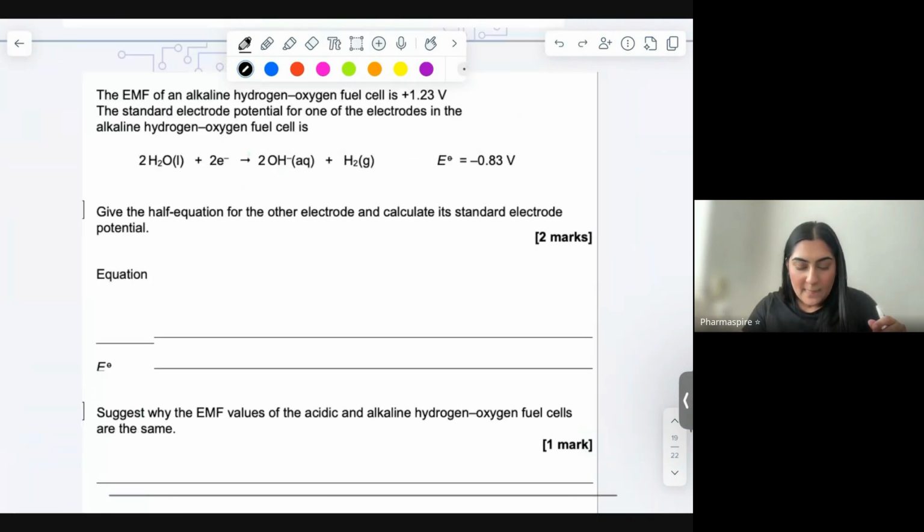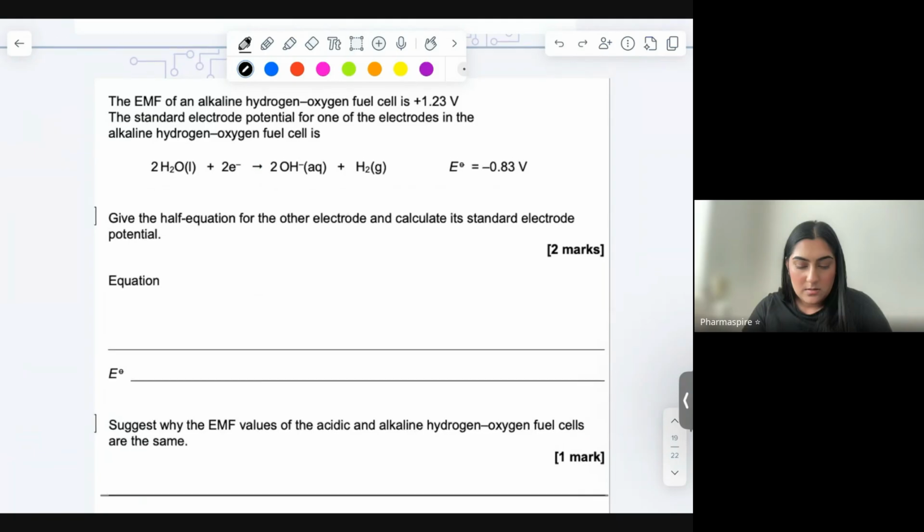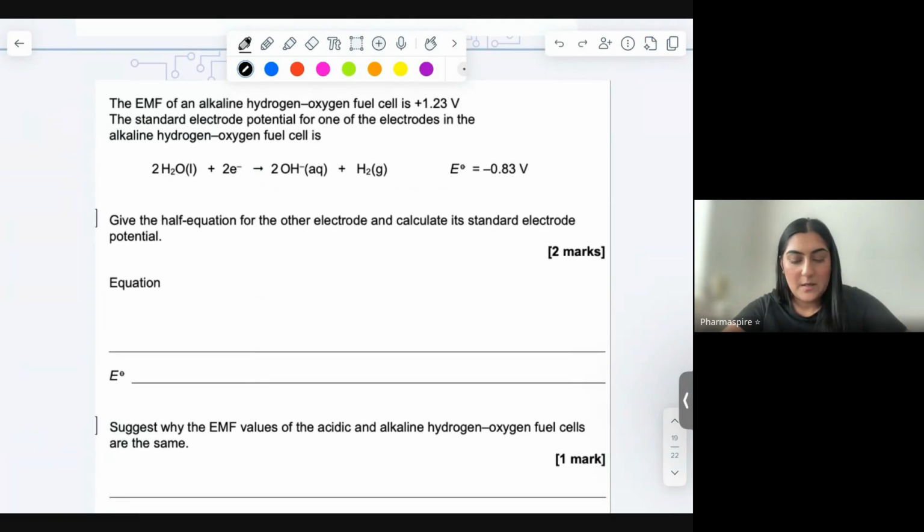Okay. So with this one, they've given us the overall thing, but you know it's an alkaline hydrogen-oxygen fuel cell. So you've got one side of it. Which one are we missing? We've got the hydrogen one.